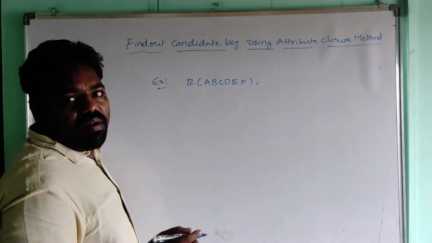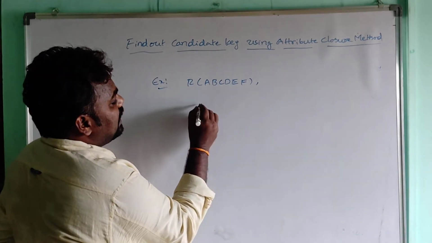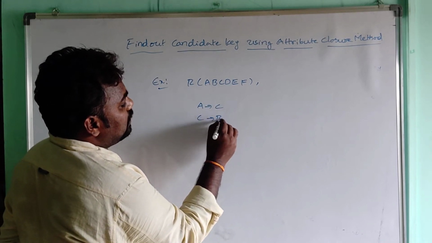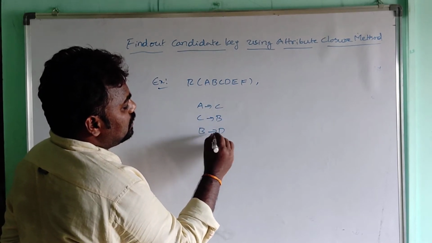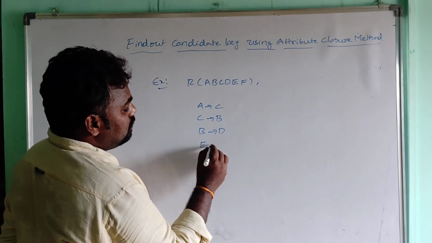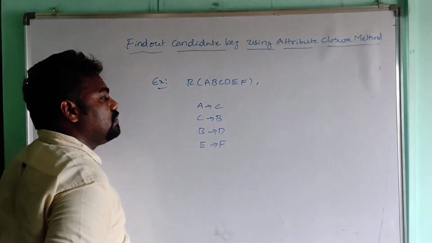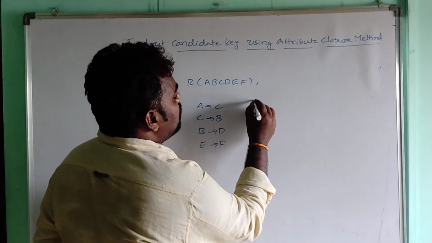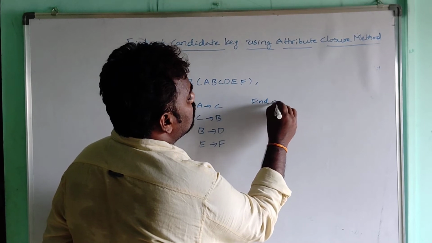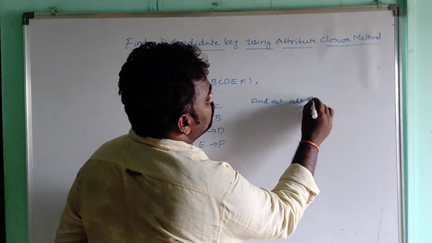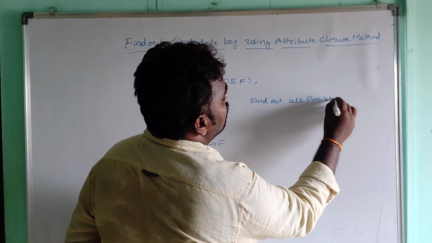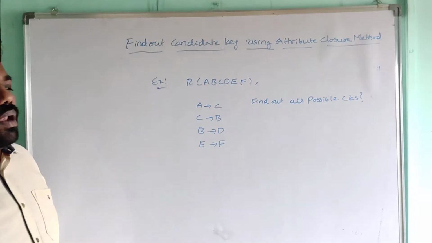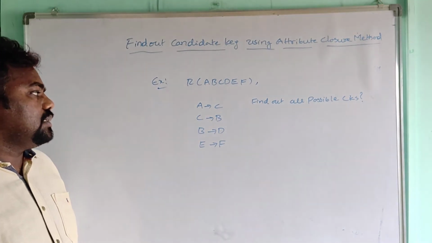We'll write down one by one. The given functional dependencies are A to C, C to B, B to D, E to F. For this given relation, we need to find all possible candidate keys.